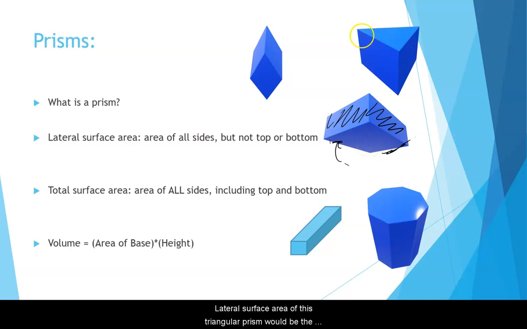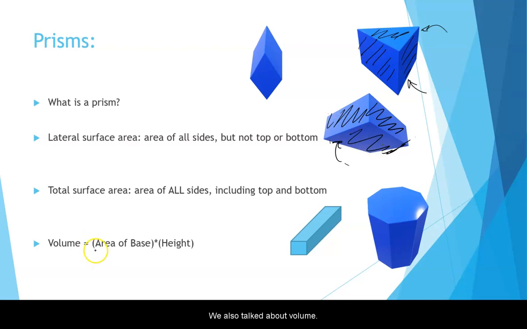Lateral surface area of this triangular prism would be the area of this rectangle here, that rectangle there, and also the rectangle on the back, but not the top or bottom. This is different from the total surface area, which is the surface area of all of the sides.